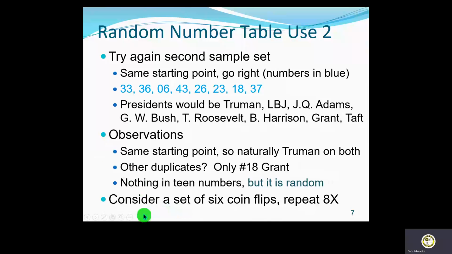So we can also, in that same sort of way, consider a set of 6 coin flips, heads or tails, and we could flip the coin 6 times and record how many heads we get, anywhere between 0 heads and 6 heads, and repeat that 8 times. Now, with 6 coin flips, we'd probably think we were going to get 3 heads, but we won't every single time. So we could repeat that experiment 8 times, and that would basically generate a random set of numbers also, but not exactly the same as we'll discover when we get to discrete random variables in chapter 6.